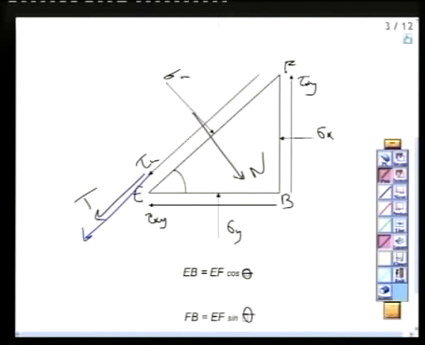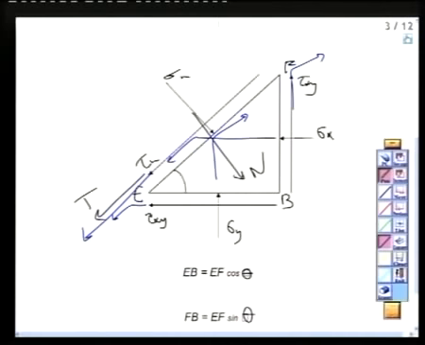Tau n is positive. What is also in the same direction as tau n? Sigma x can be positive. Tau xy will be negative. Sigma y will be negative, while tau xy will be positive. So we have forces positive and forces negative.